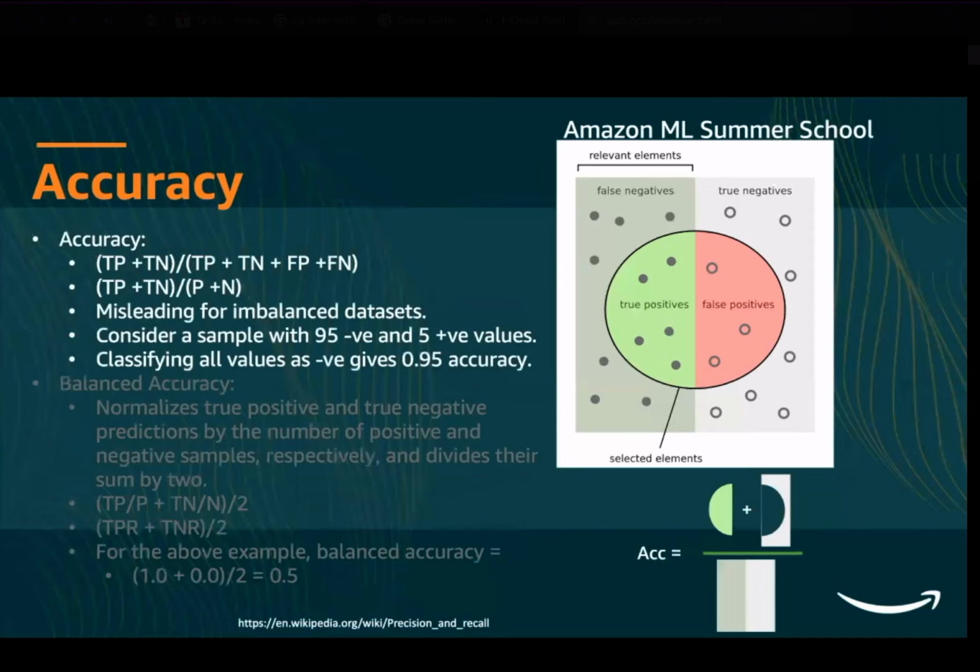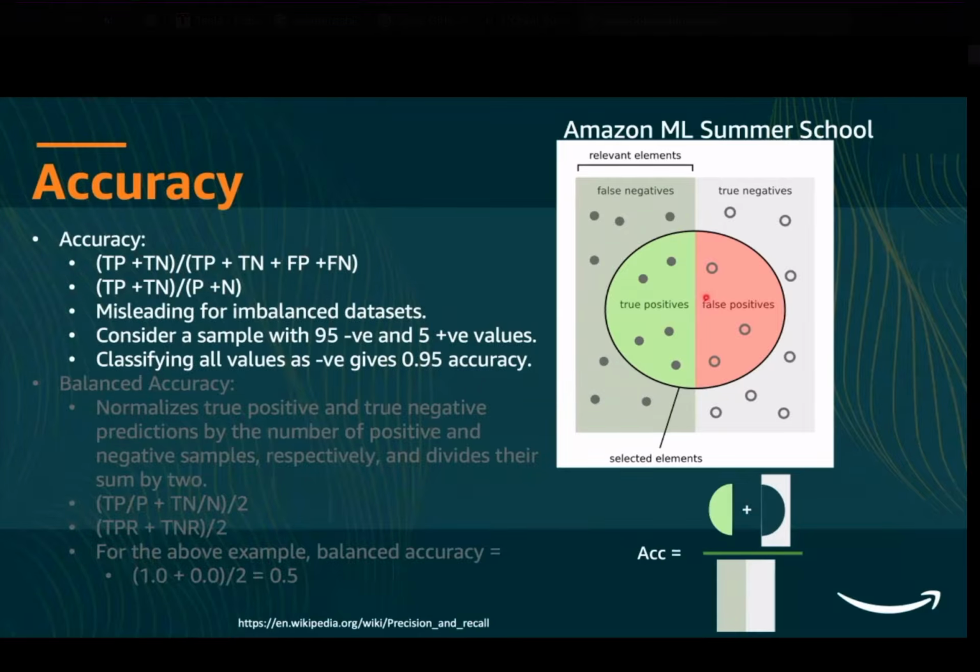There are also two other metrics which you typically compute for a given classification model. Let's say your data set is balanced, with an equal number of samples in each class. Then you also compute the accuracy of the model. The accuracy is the ratio of total correct predictions to the total number of samples.